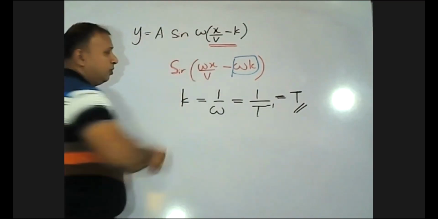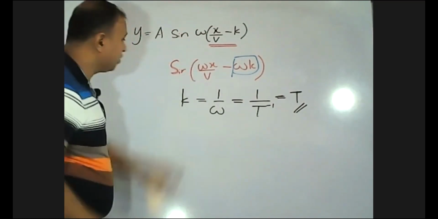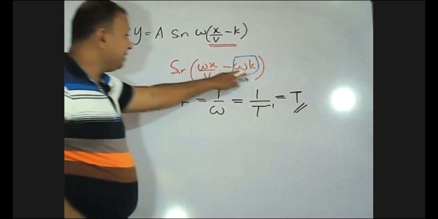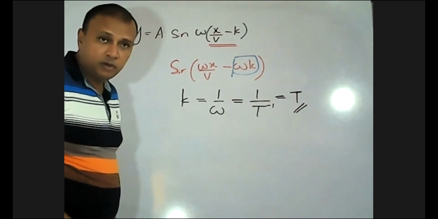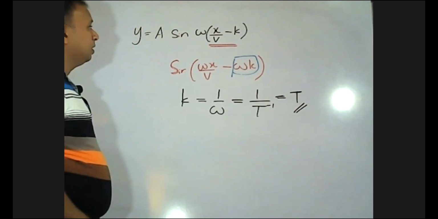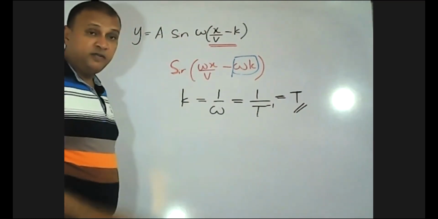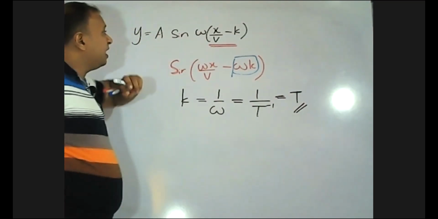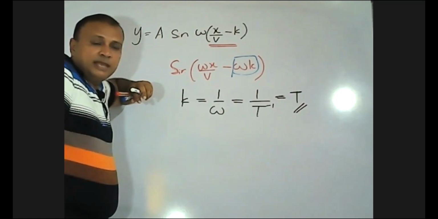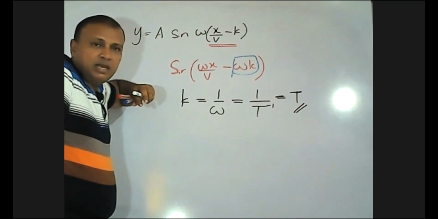Then, what was my argument? My argument was this is an angle as it is in a sine trigonometric function. So there's another method. Without expanding this thing, I can find the value of k. How to do that?